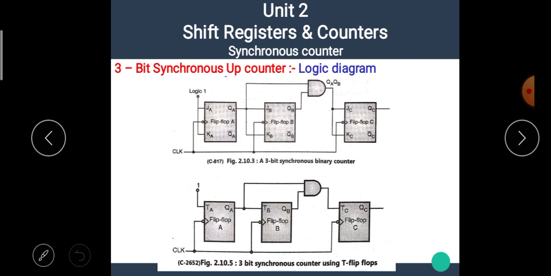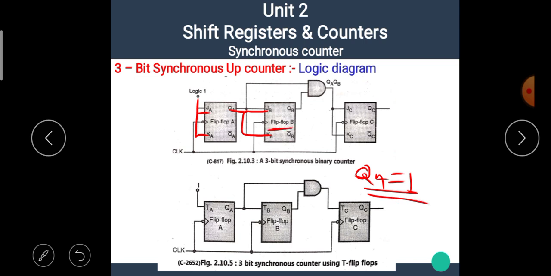Here is the difference. JA and KA are connected to logic 1, but QA is connected to JB and KB. That means when QA equal to 1, then and only then flip-flop B toggles.